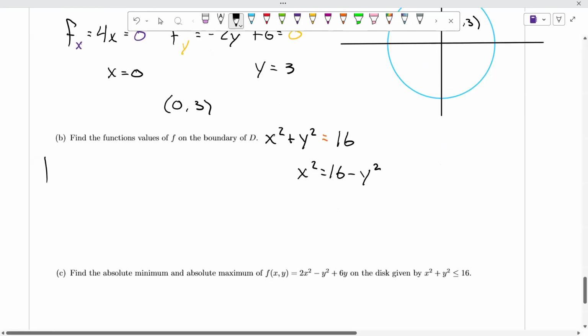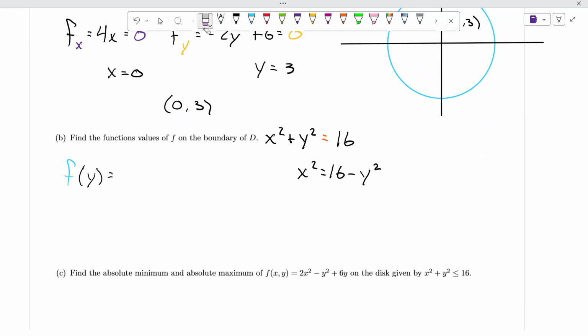So if I come back here and try to look at my function, which is going to be f of just y, it's going to be 16 minus y squared.